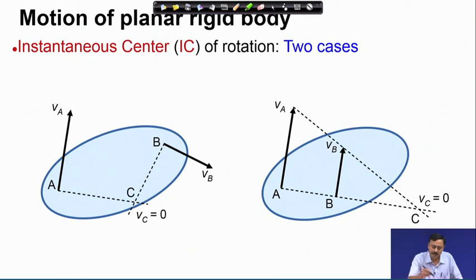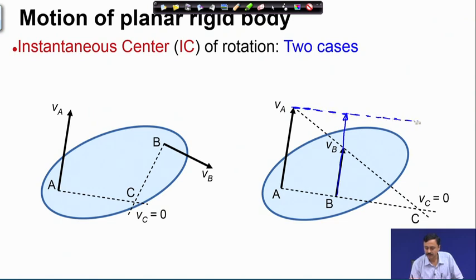Now, what would happen if the velocity of point B were the same as the velocity of point A, with the same magnitude and direction? Then the line AB and this blue dashed line are parallel.